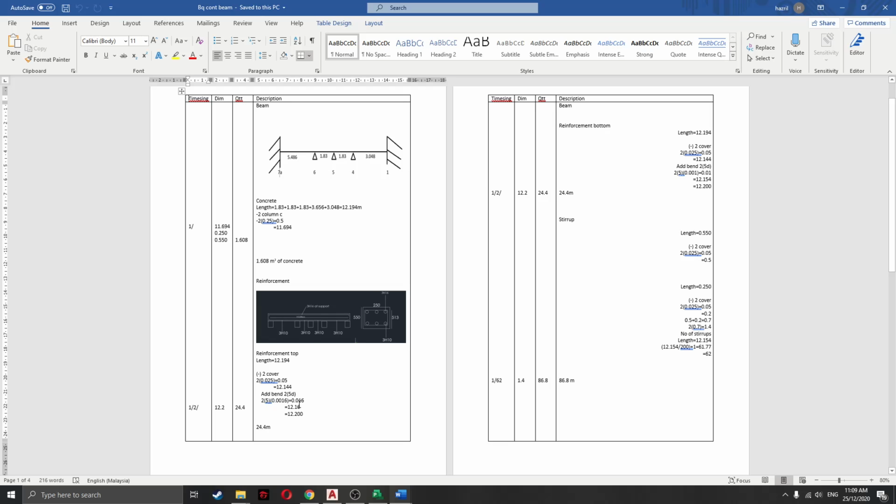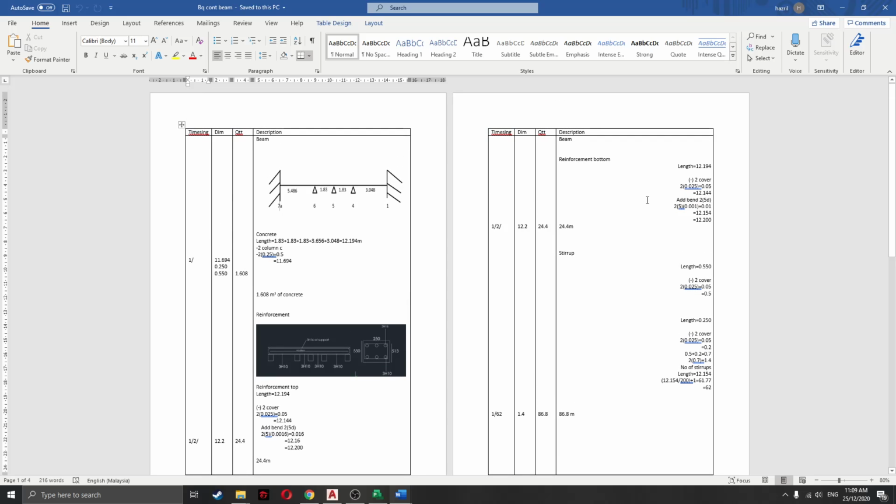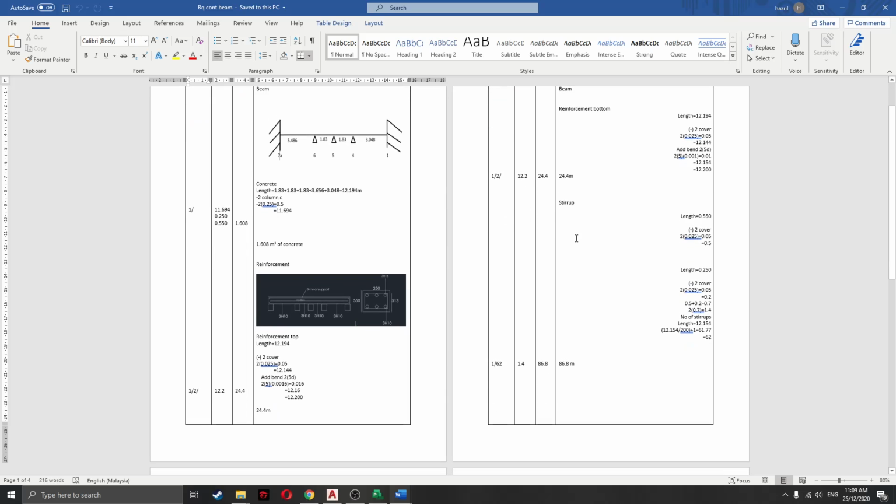Then I find the reinforcement. For top, I get 24.4 meter. For bottom, I get 2.4 meter of steel reinforcement. Then I find stirrup, I get 86.8 meter.